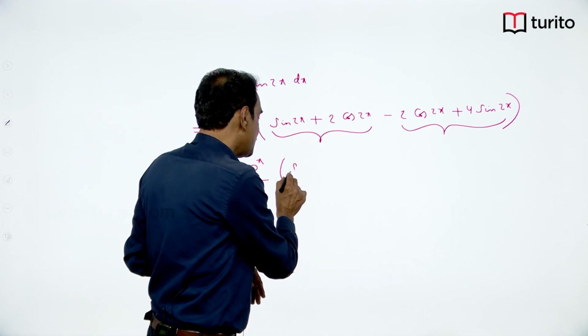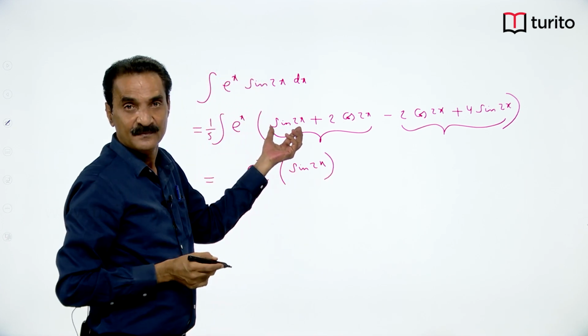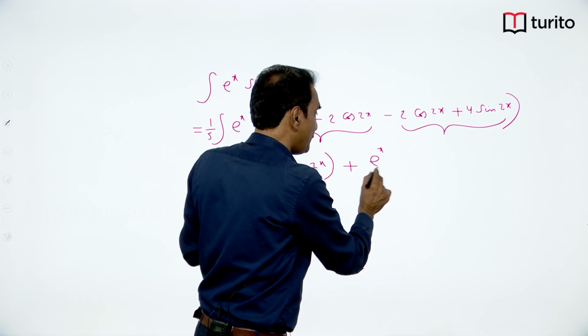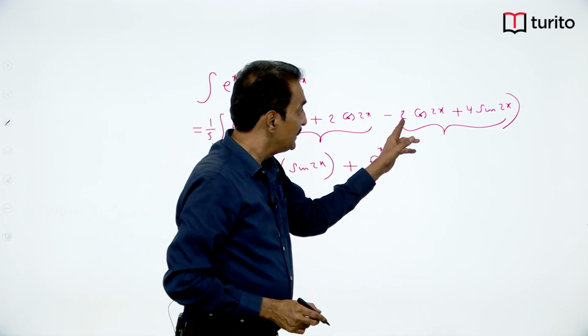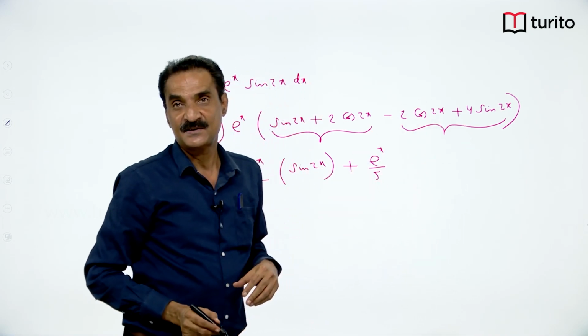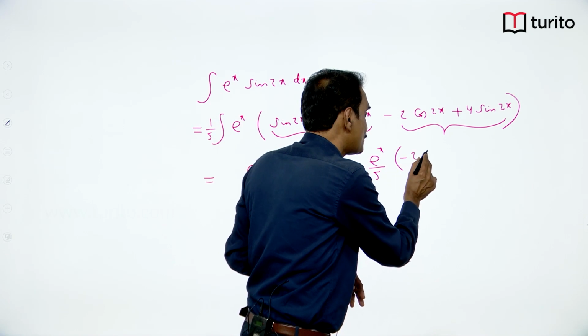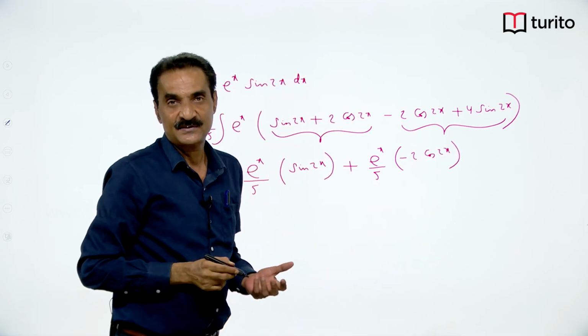So e power x into sin 2x plus again e power x by 5 into, this is f of x, this is f dash x, so it will be e power x by 5 into minus 2 cos 2x.